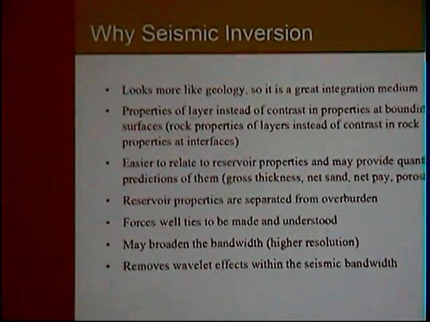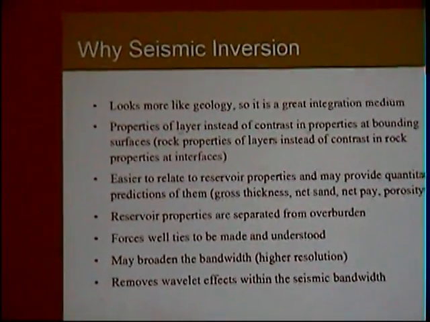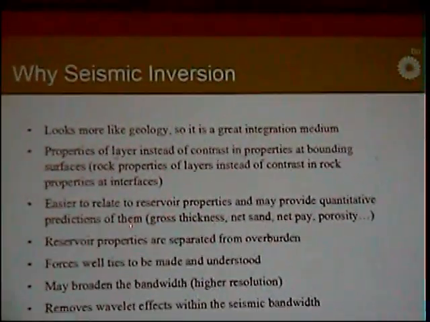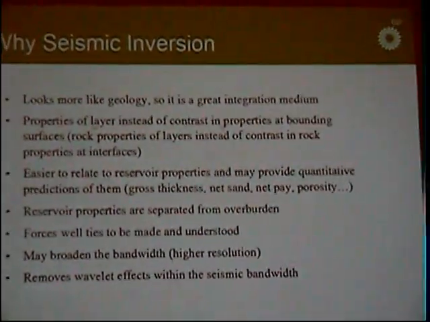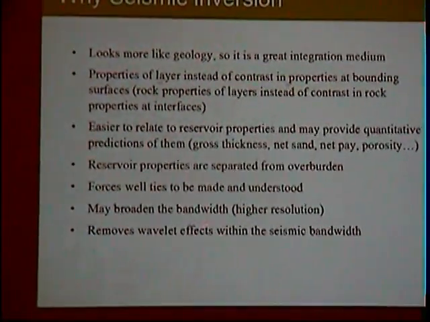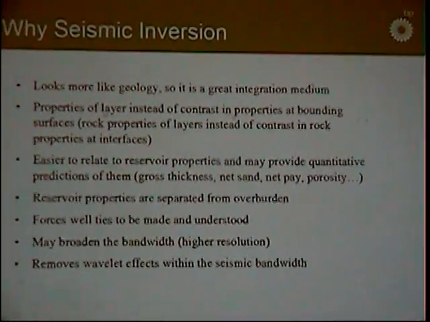And there are some techniques that have been developed, and we're continuously looking at ways of developing quantitative predictions, gross thickness, net sand, net pay, etc. When you think of impedance data, also, you're looking at the layers, you aren't thinking too much about the overburden, what has happened above it. You're looking at the particular layer.